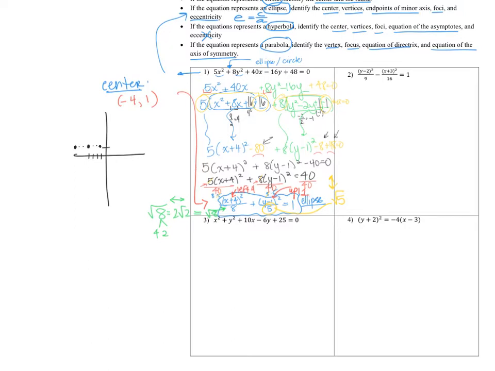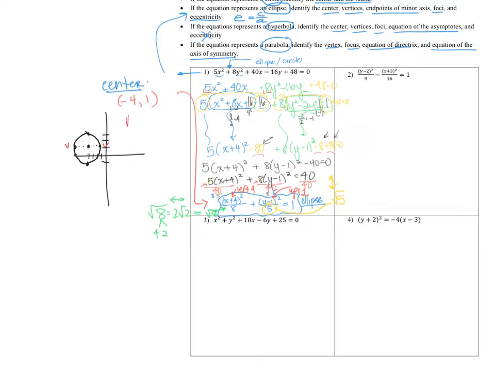And then we're going to go up and down square root 5. That's just a little more than 2. Okay, so because the 8 is a bigger number, we know that we're supposed to be just a little bit wider. And so that also means that this is my vertex and this is my vertex.